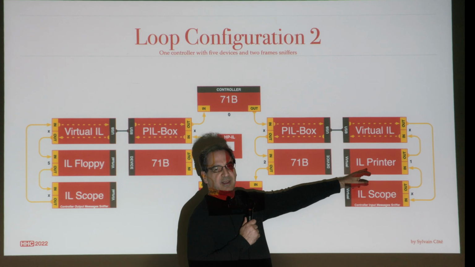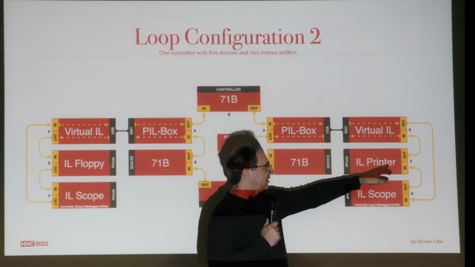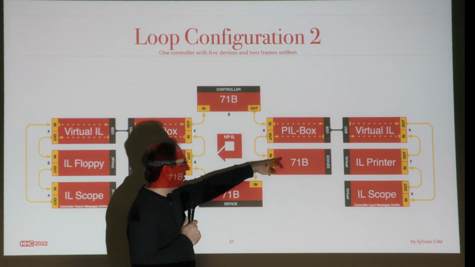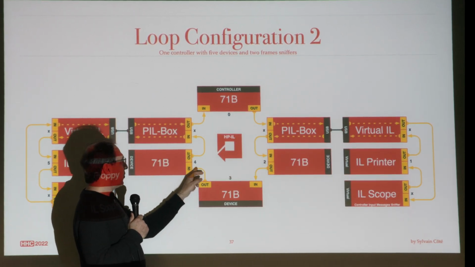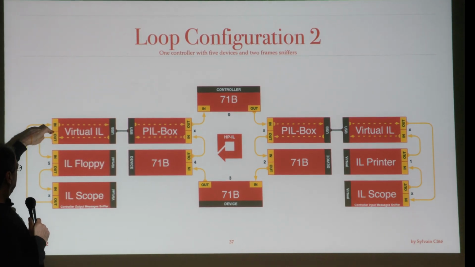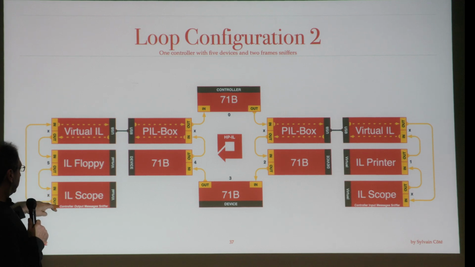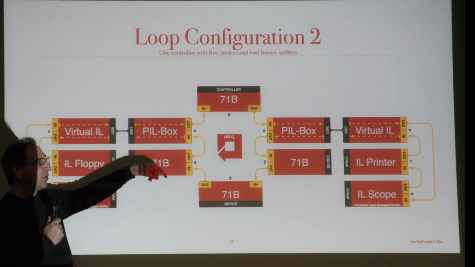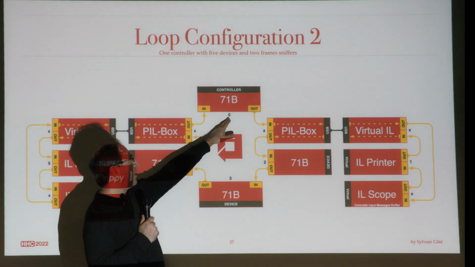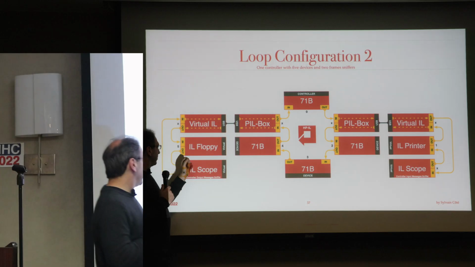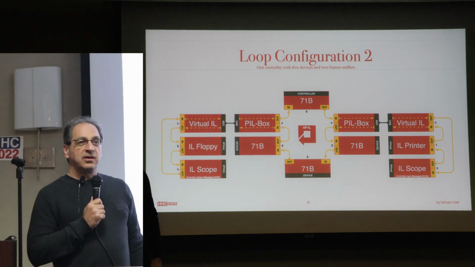That one is saying, yeah, I can be addressed, so it's going to use the address 1. And then that's going out here. The 71B will be address 2, 3, 4, and it's going to go like that. Here, floppy 5, scope, no address, going out into the 71B. So the 71B here has address 0, 2, 3, and 4. 1 is a printer, 5 is a floppy in this setup.